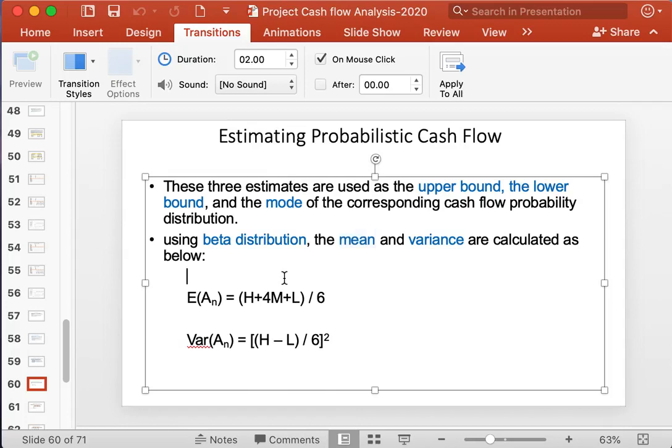Then for each cash flow, we can calculate the variance of cash flow for the period n. The variance of cash flow in the period n is given by ((H minus L) divided by 6) whole square.